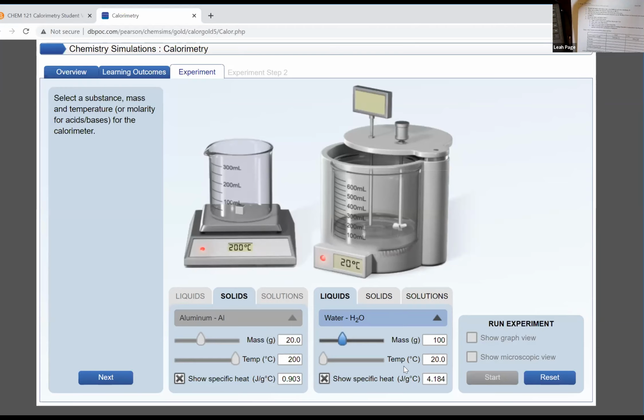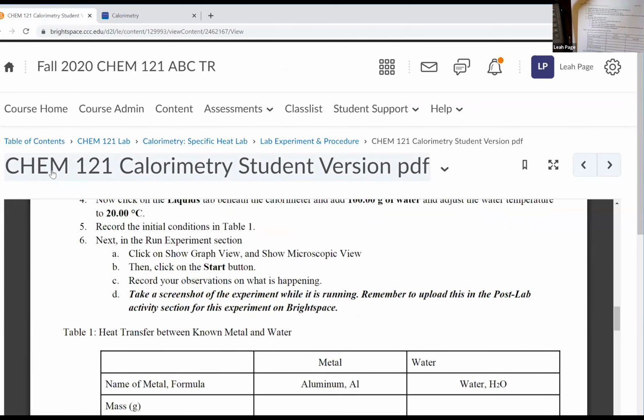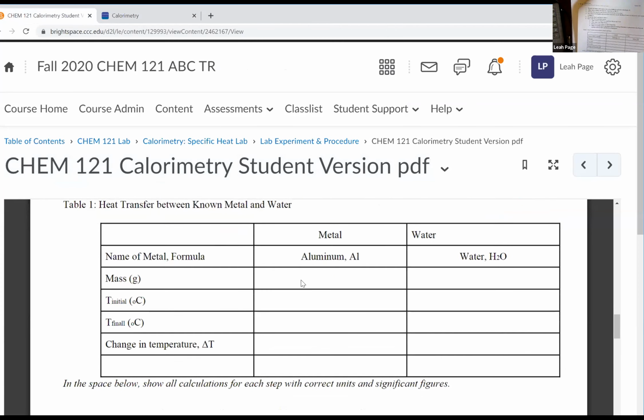Okay, all right. So it says, now record the initial conditions in table 1. So if I go back to my table here, it says record the initial conditions in table 1. My initial conditions, we just put it all down.